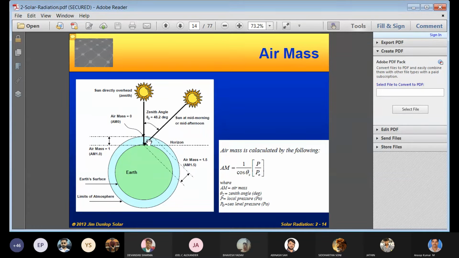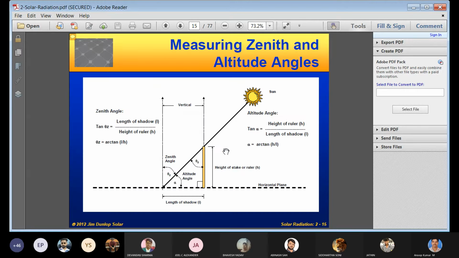So AM 1.5. This air mass is a measure of the distance of the sun relative to you at various times. This is not relevant for your calculation now, I am just telling. There are some equations, P by P0, 1 by cos theta z, where theta z is the zenith angle, P is the local pressure, and P0 is the sea level pressure.